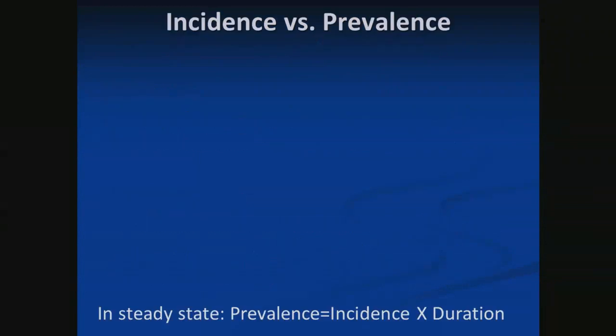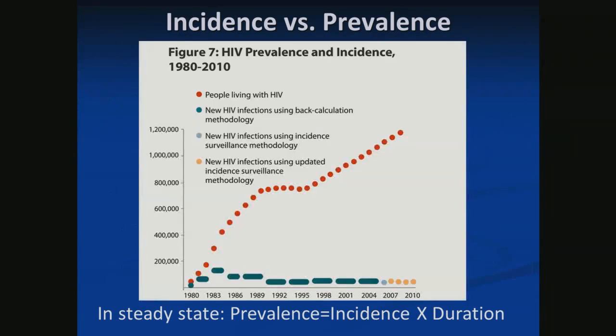So what are some of the ramifications of this? This is very obvious when we look at HIV incidence and prevalence: those infected at a given time, and then new infections. In a steady state, prevalence will equal incidence times duration.